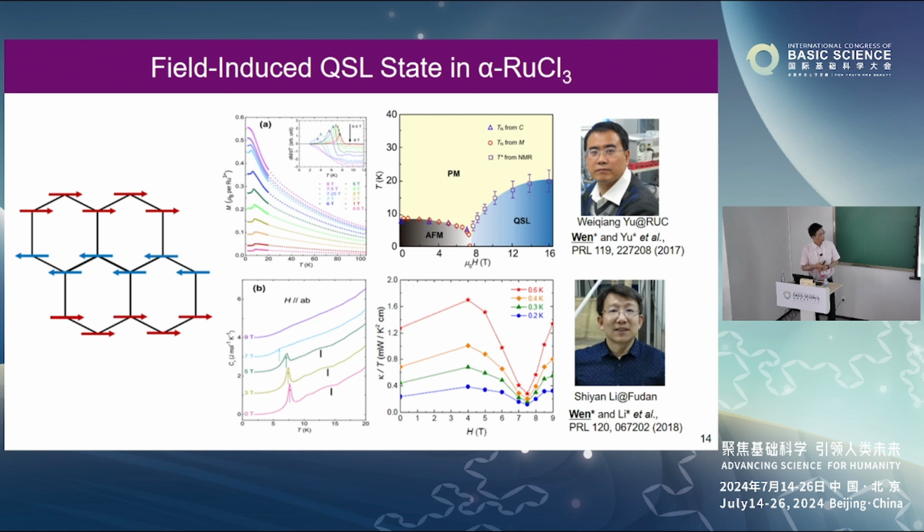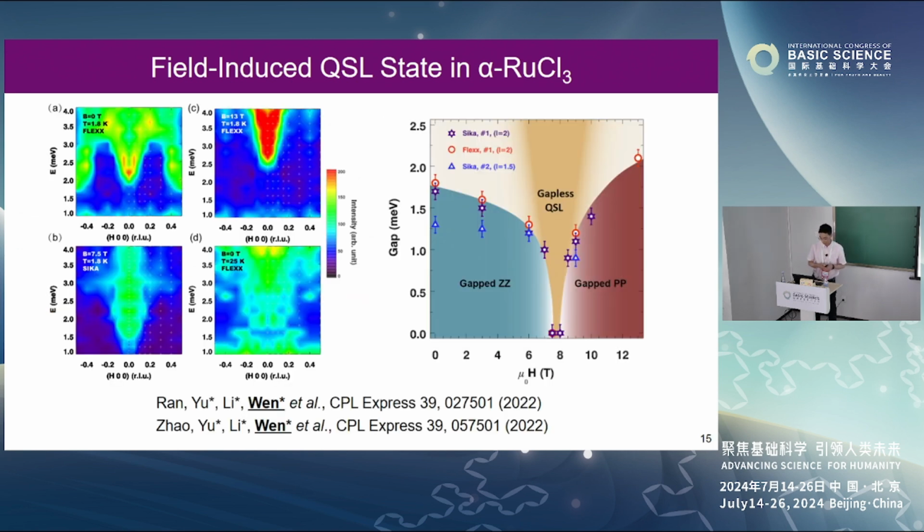To further confirm these conclusions, we did a series of neutron scattering measurements. And here I just summarize our key results. At low field, the system is a gapped zigzag order state, and at high field, if you apply a strong enough field, you will eventually polarize the system.